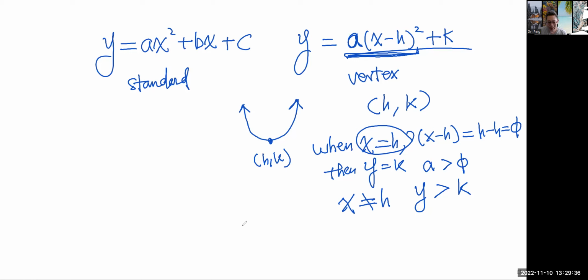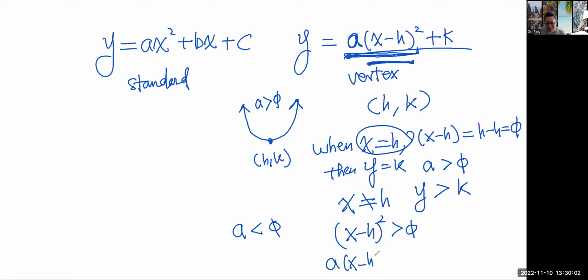What happens if a is less than 0? Here we put down a greater than 0, a is positive, you get a smiley face. If a is negative, then if x is not equal to h, the squared term will be greater than 0, but a is negative, so a(x minus h) squared will be less than 0.